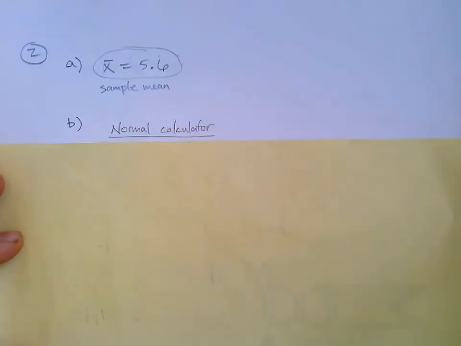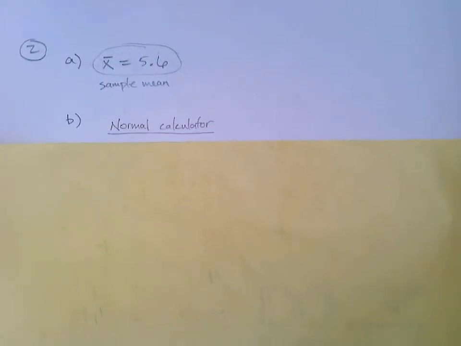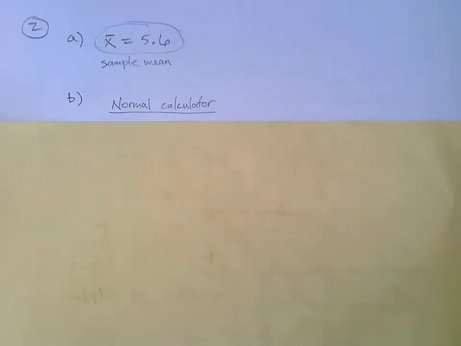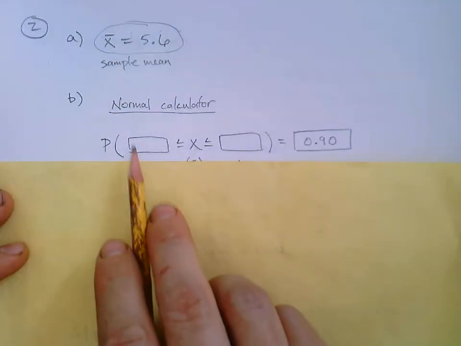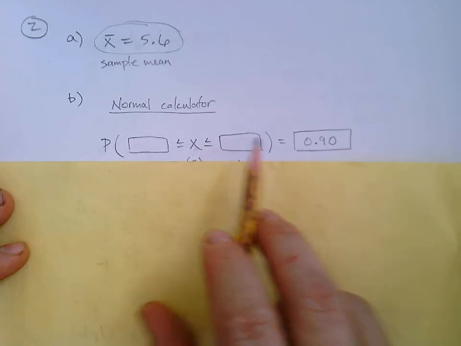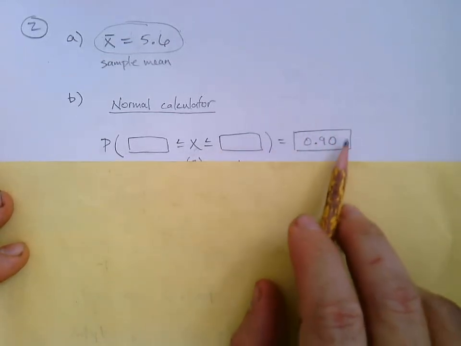We need to know that population mean. Okay, so at this point we'll go to our normal calculator. Be sure you are using the between version. And so in StatCrunch, in your normal calculator, with the between, you'll see those 2 blanks, and you're going to fill in this part over here.